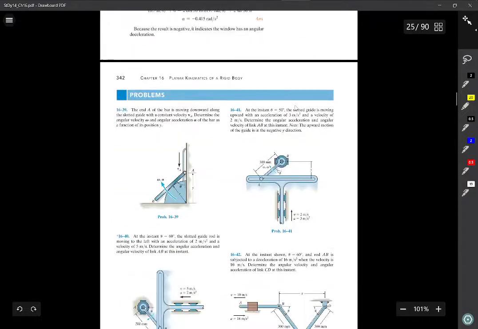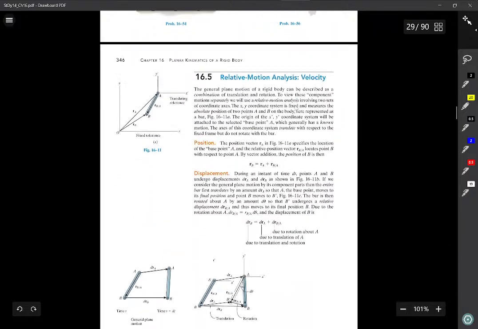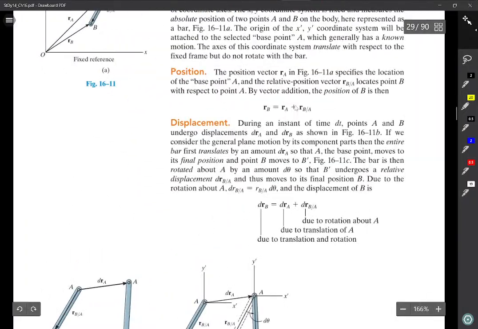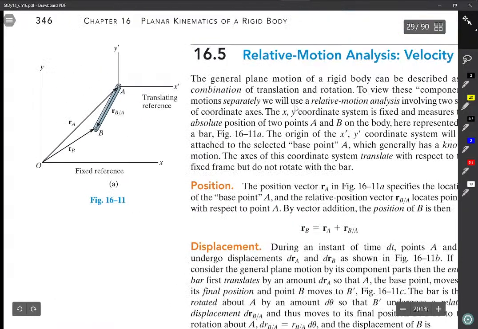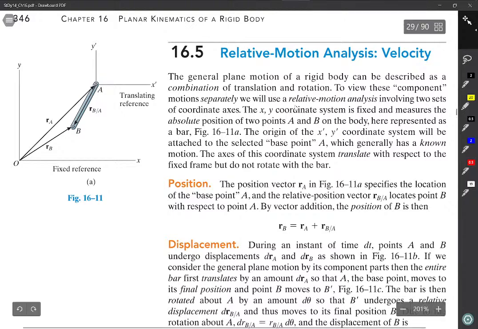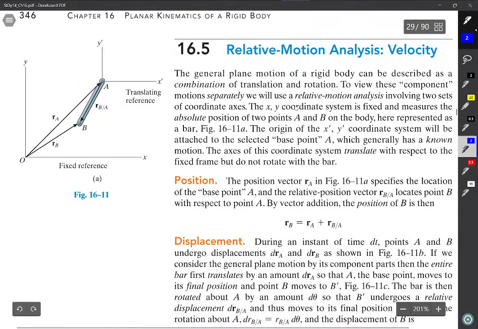Okay. This is where you start seeing the interesting difference between a lot of this.